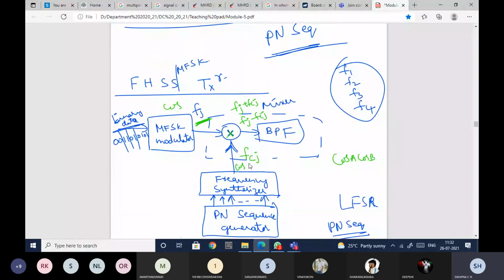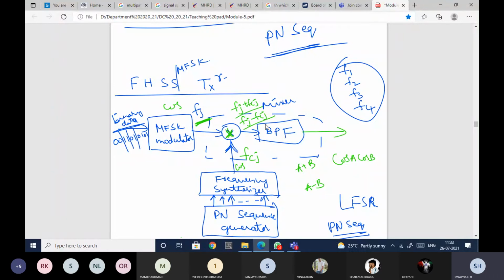In the same way, the frequency synthesizer will provide cos 2π Fcj t. It is given to the multiplier. So cos A cos B gives you A plus B and A minus B as the frequency components. So the output of this product modulator will be Fj plus Fcj and Fj minus Fcj.